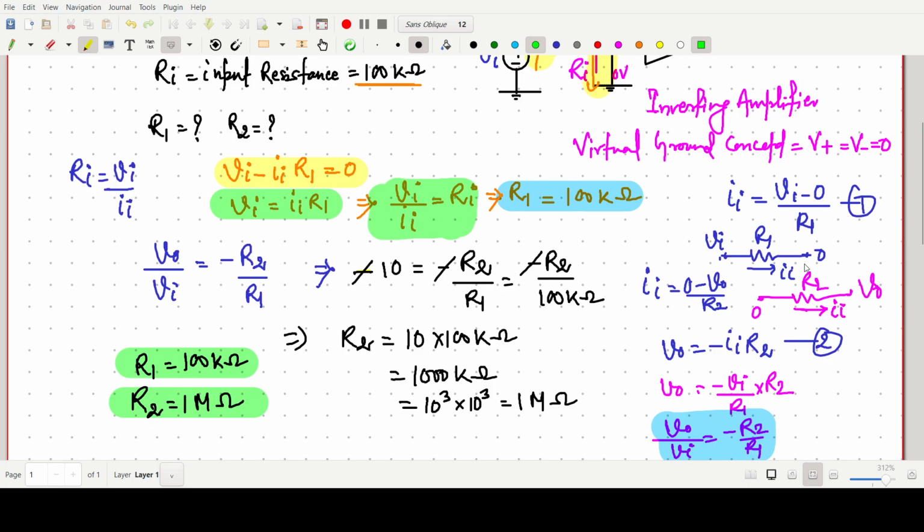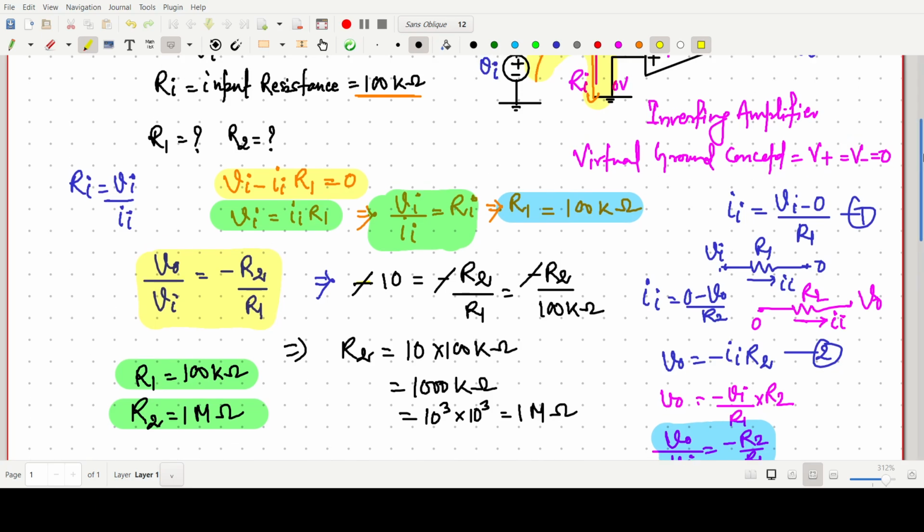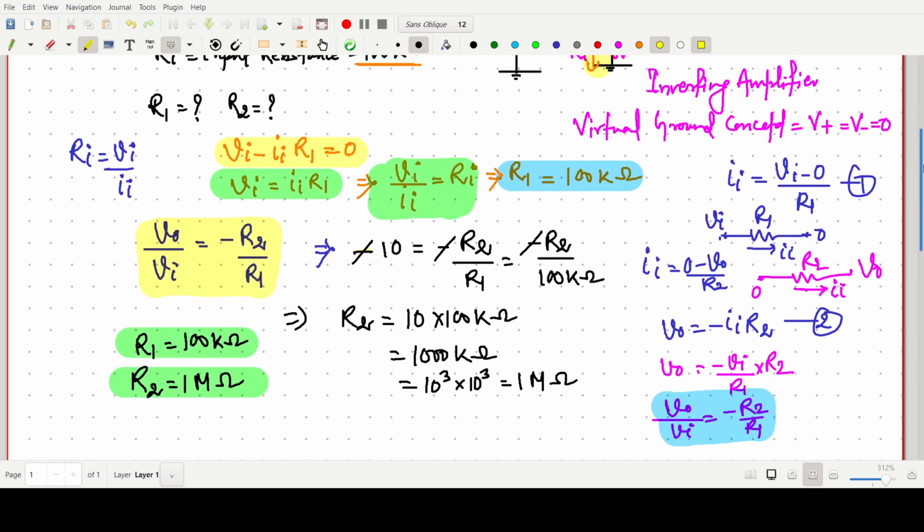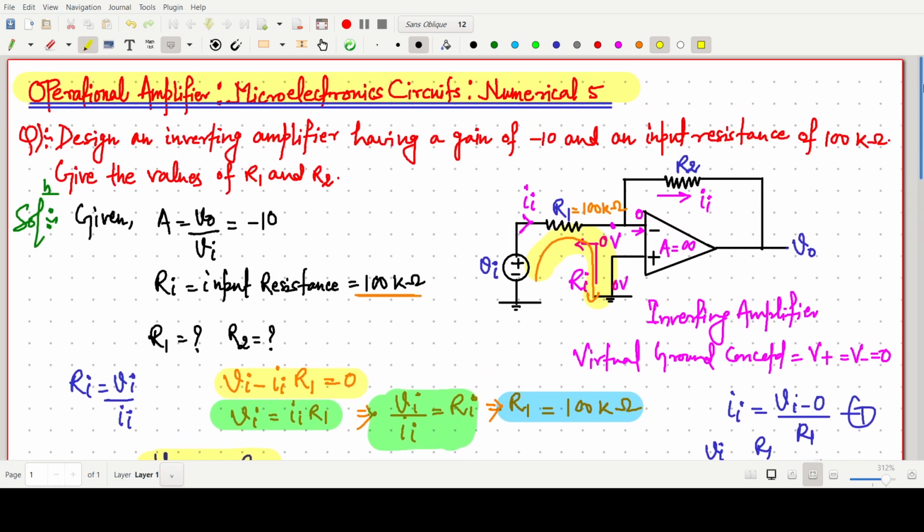This formula, V naught by Vi equals minus R2 by R1 in case of an inverting op amp when the open loop gain is infinite, you can also prove. So we have found the values of R1 and R2 for gain minus 10.